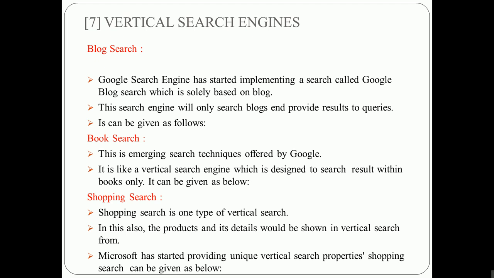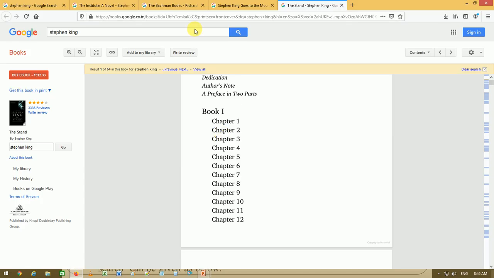When you would like to display a product and any other information, at that time the vertical search will be useful. Microsoft has also started providing unique vertical search properties. Shopping search can be shown as below. So Microsoft is also providing this type of facility.